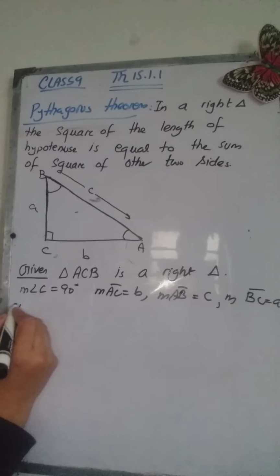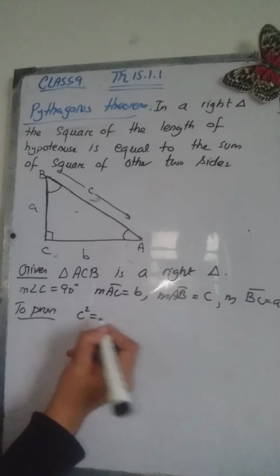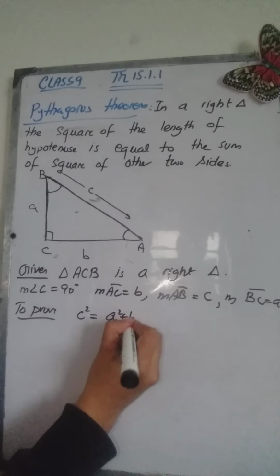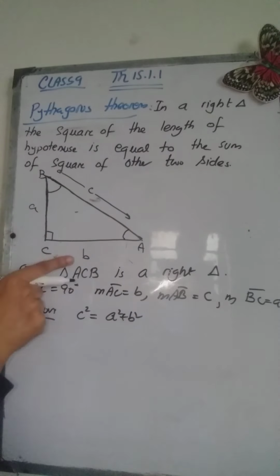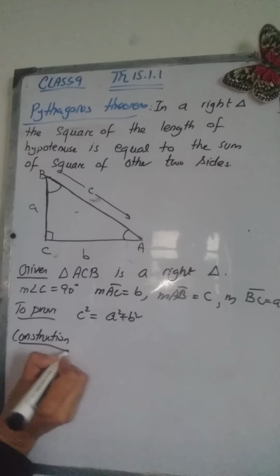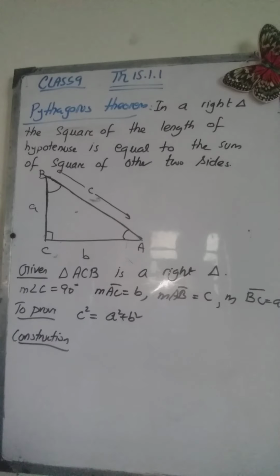We have to prove that the square of this side, that is c squared, is equal to a squared plus b squared. The square of this side is equal to the sum of squares of these two sides. Now in the construction, we are going to drop a perpendicular from C to AB.